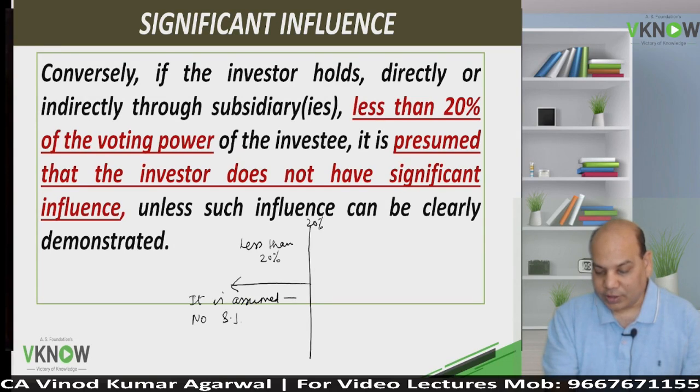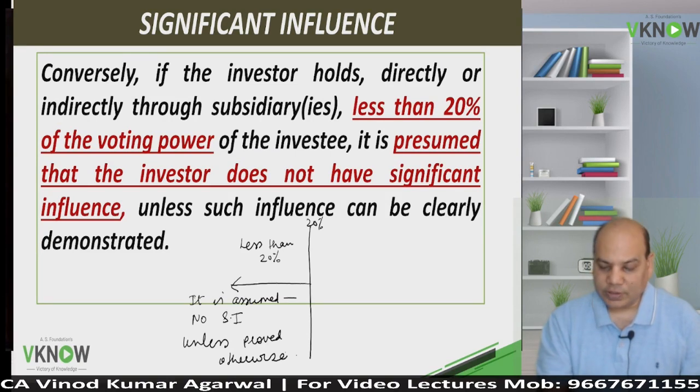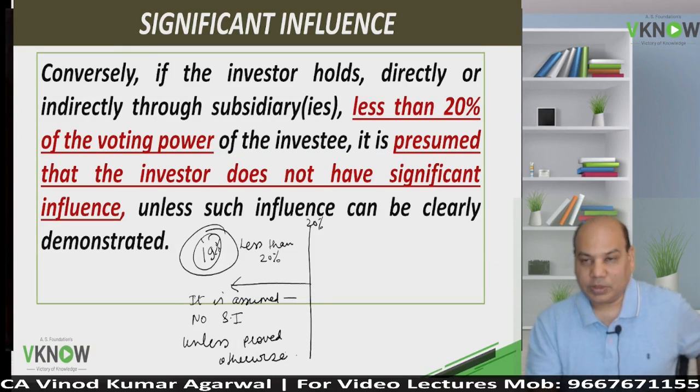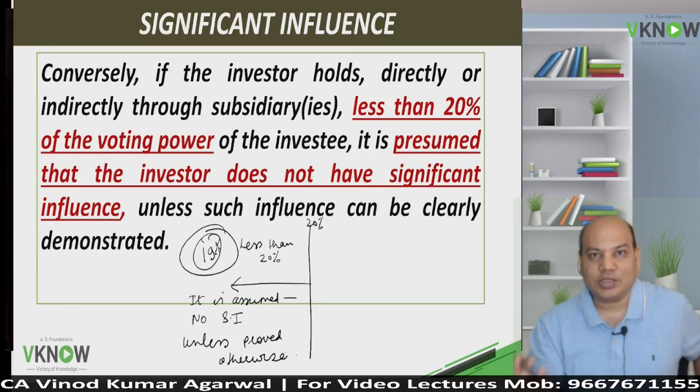No significant influence, unless proved otherwise. Unless proved otherwise means, suppose a company is holding 19% share in another company, but it is also able to participate in financial policy decision or operating policy decision or both.